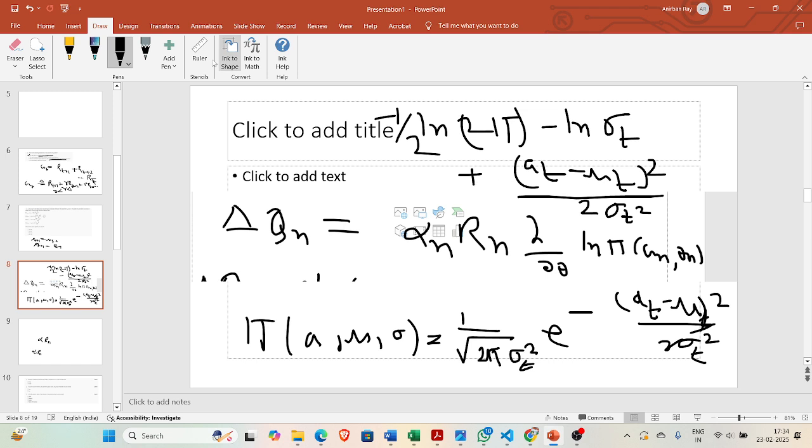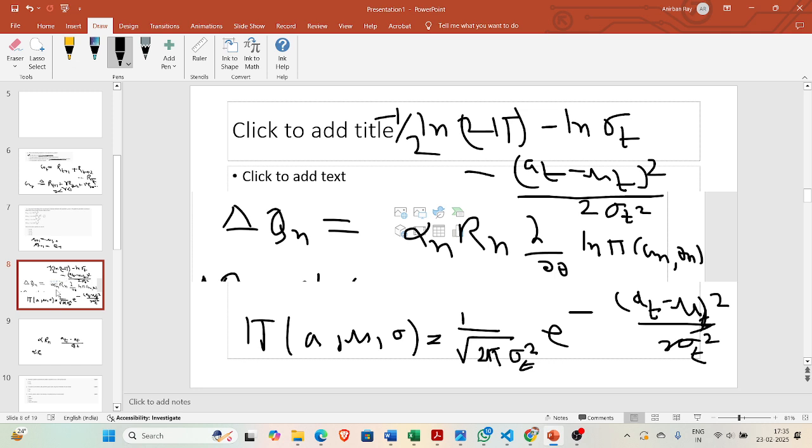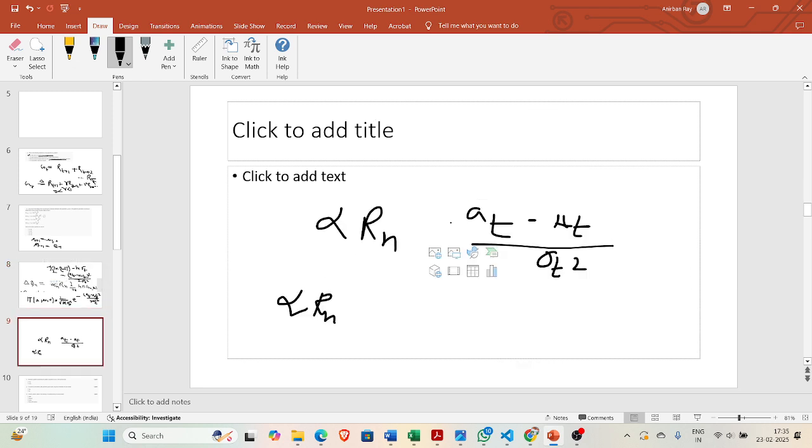This minus will go away because we get another minus from here. So this is a t minus mu t by sigma t square. This is what you're getting: a t minus mu t by sigma t square.